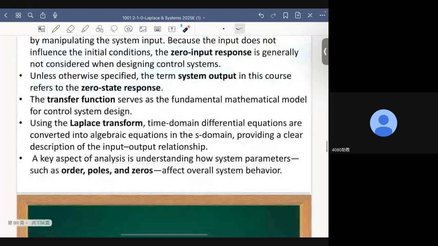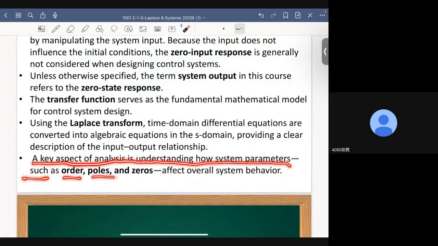A key aspect of analysis is understanding how system parameters, such as order, poles, and zeros, affect overall system behavior. Why? Because they are all parts of the transfer function, and the transfer function represents the system.